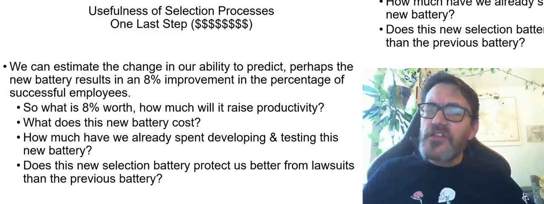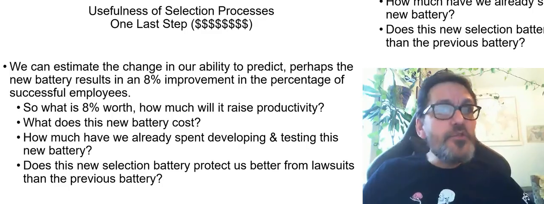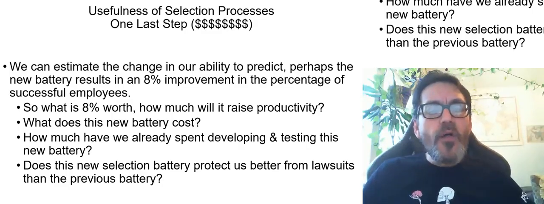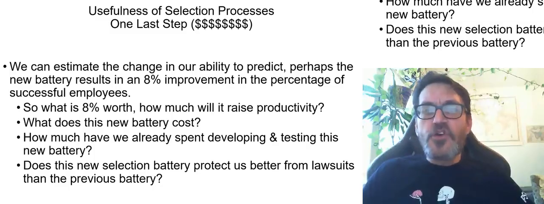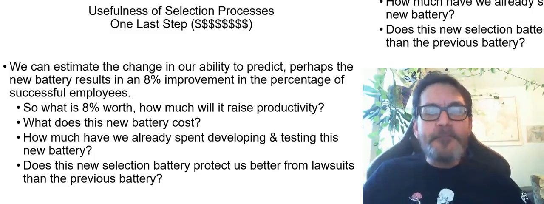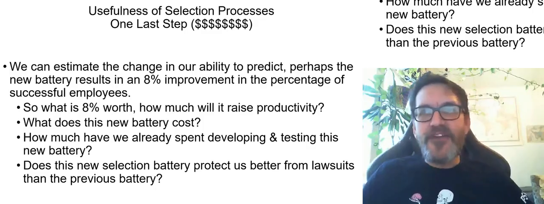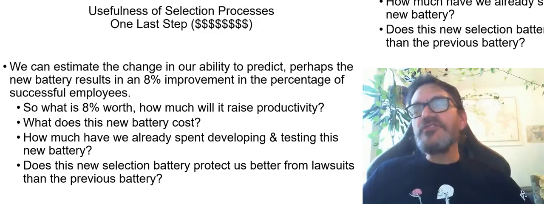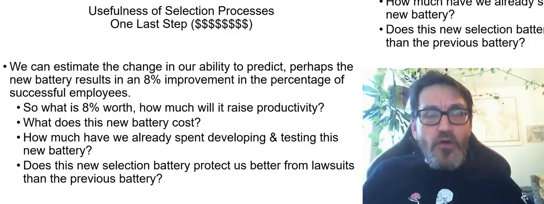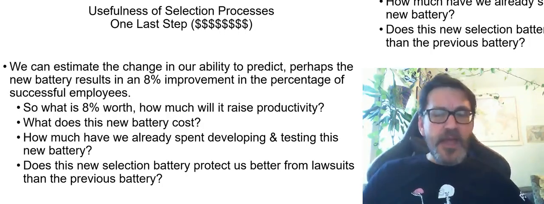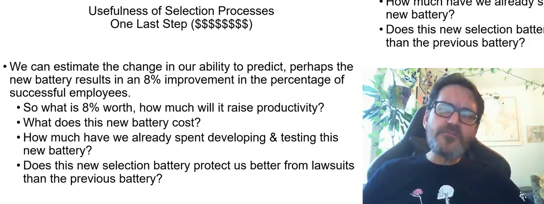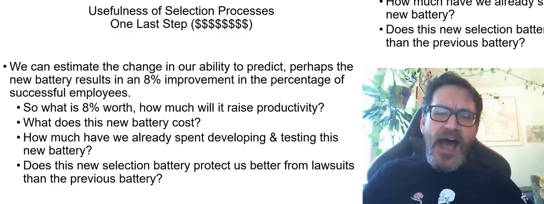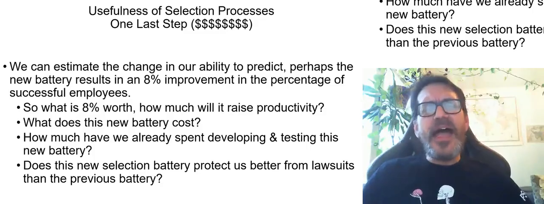And if you have a selection battery that will protect you from lawsuits, or will allow that, in the rare case that you get caught in a court of law, a jury will side with you because you have established a valid selection battery that does in fact predict successful employees, so you can cover your butt in a court of law, that has a huge value. Okay? So when we come back in the next videos, we're going to start to actually talk about the intersection between the human resources side, the I side of IO psychology, and the legal system.